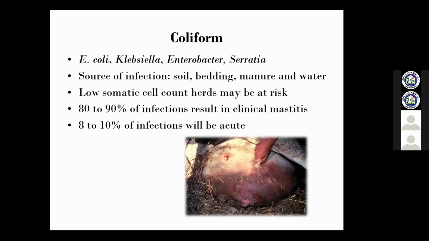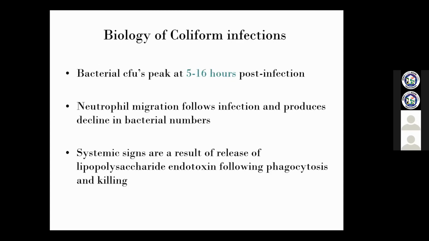And then on the ones we can see that are clinical, you can see, looking at the picture, a very acute or per-acute situation. Now, important here, if there's infection with coliforms, the colony, in other words, the number of bacteria that start multiplying, reaches the peak from 5 to 16 hours.